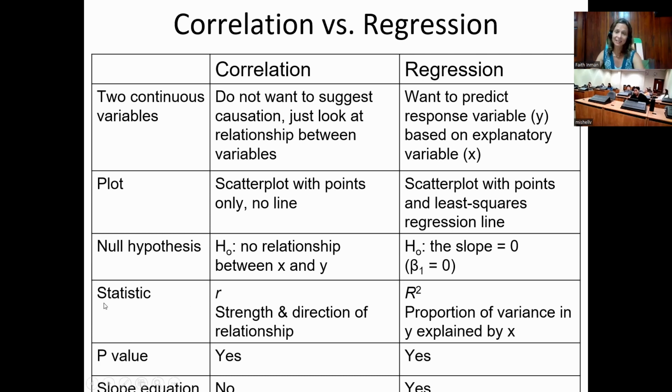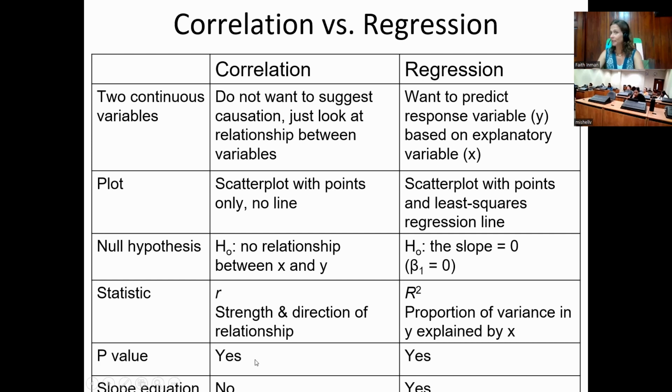The statistic of interest for the correlation, it's not the test statistic, this is just the statistic that you get that tells you about the relationship, is R, which is telling you the strength and direction of the relationship. R squared for regression tells you the proportion of variance in Y that's explained by X.